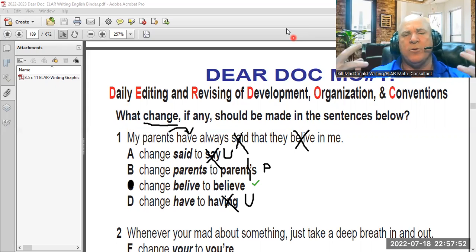But with 3rd through 8th grade and 9th and 10th next year, they say it's going to be 2 passages, but they haven't said exactly how many points they're going to be worth in total. The last time I saw it, it was on the field test.